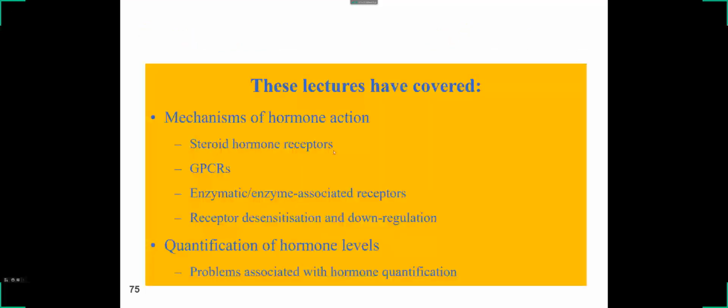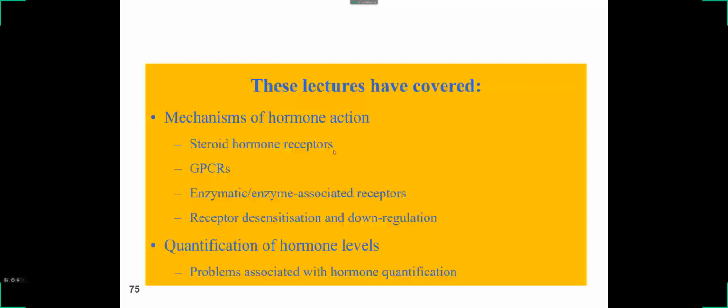Okay, so today we've talked about steroid hormone receptors. Remember, they are going to cross the plasma membrane easily, bind and interact with receptors located in the nucleus, and gradually drive gene transcription and translation. So their initial response is slow, but gradually it's quite strong.